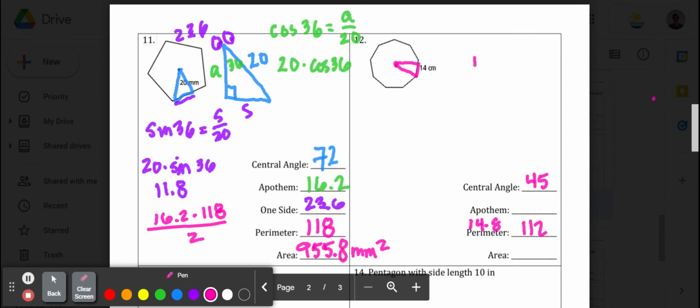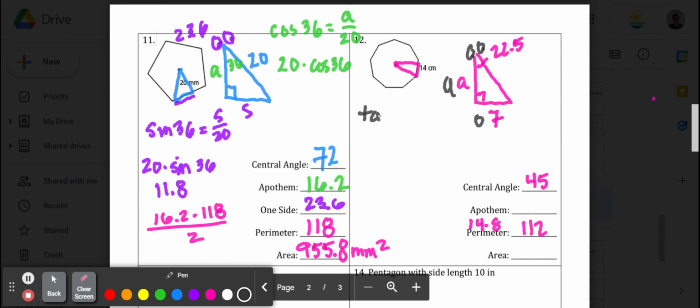Okay, so my little triangle here is going to be 22.5. We know that from before. This isn't 14. It's actually half of it, 7. And then I'm going to try and find the apothem. We have adjacent and opposite. So this is going to be tan.